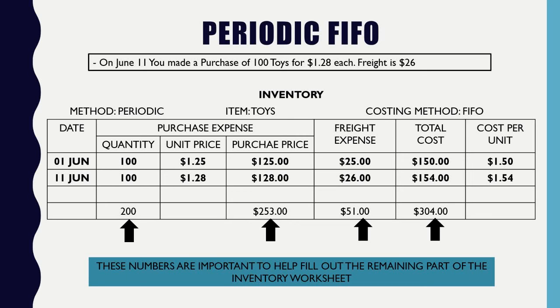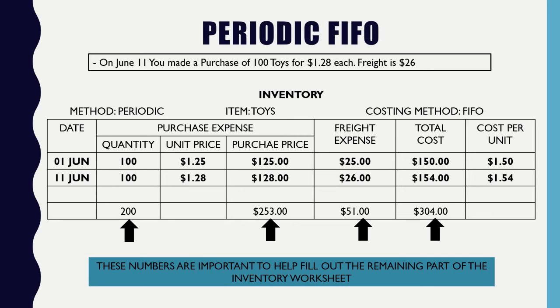So the first thing is, what is our total quantity that we've purchased? Well, 100 plus 100 is 200. Okay. And then here for your total purchase price, how much did you actually spend? So you're going to add those two numbers together, the 125 plus the 128, giving you 253. Then you're going to solve for the total amount of freight, which in this case is 51.